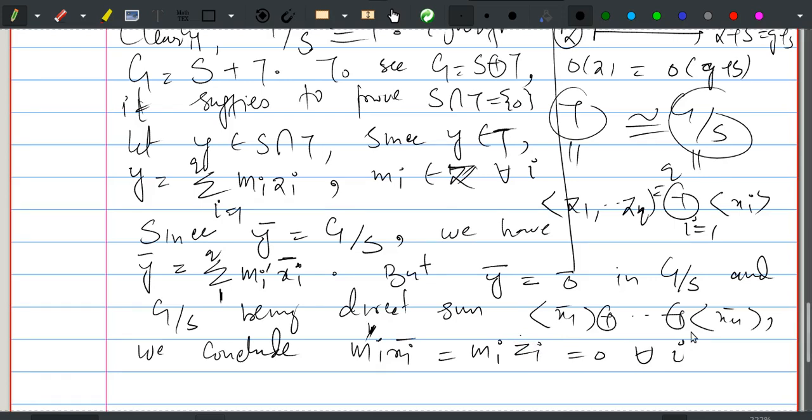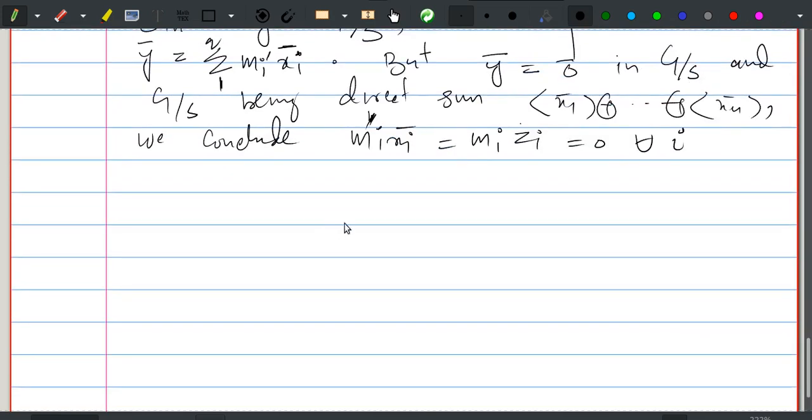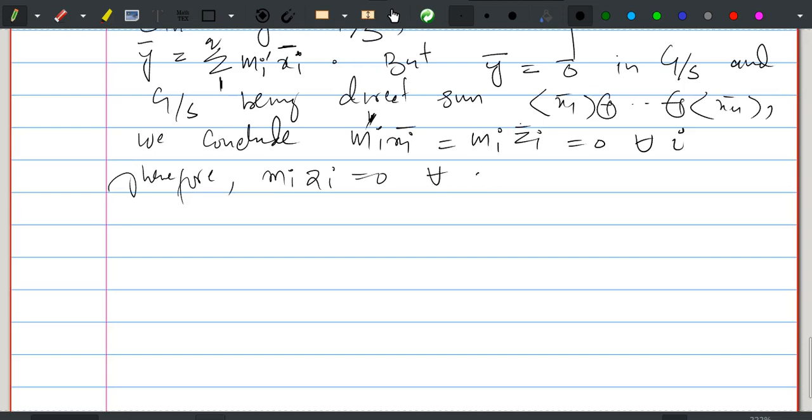Now if this is the case, then each mi Zi is equal to 0 for all i, hence Y is equal to 0.